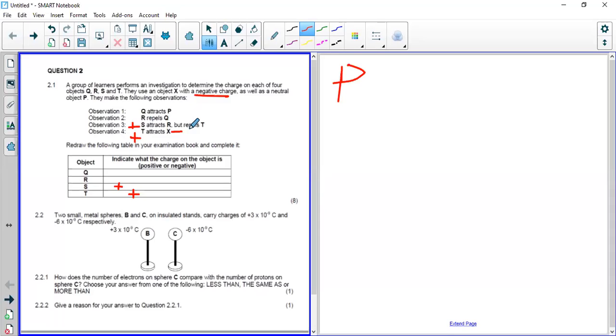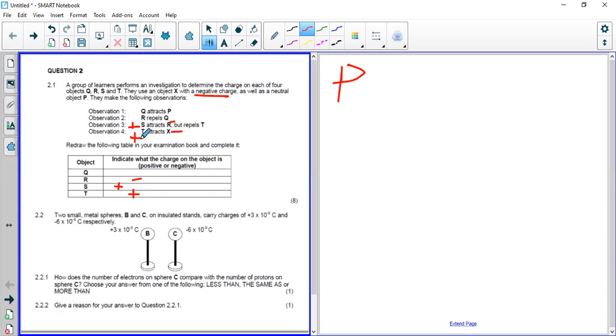Then we are told S attracts R. So if S is attracting R, they have opposite charges. So if S is positive, then R is negative. So we come here, R is negative.